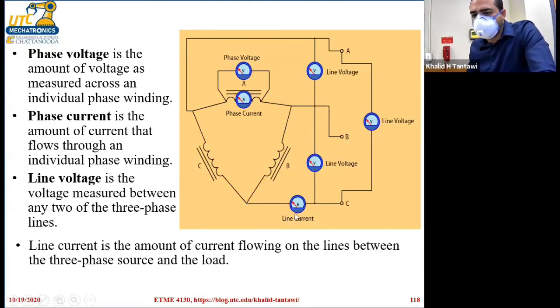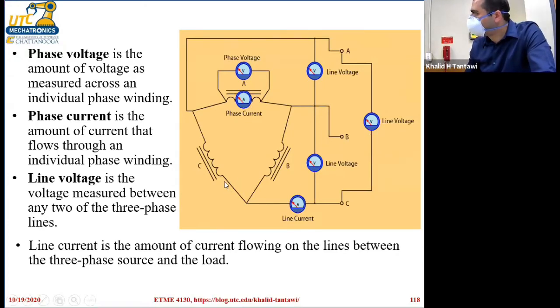Now the line current is different from the phase current for a delta. The phase current means the current that is passing through the phase. So to measure the phase current, you have to place the ammeter over here.